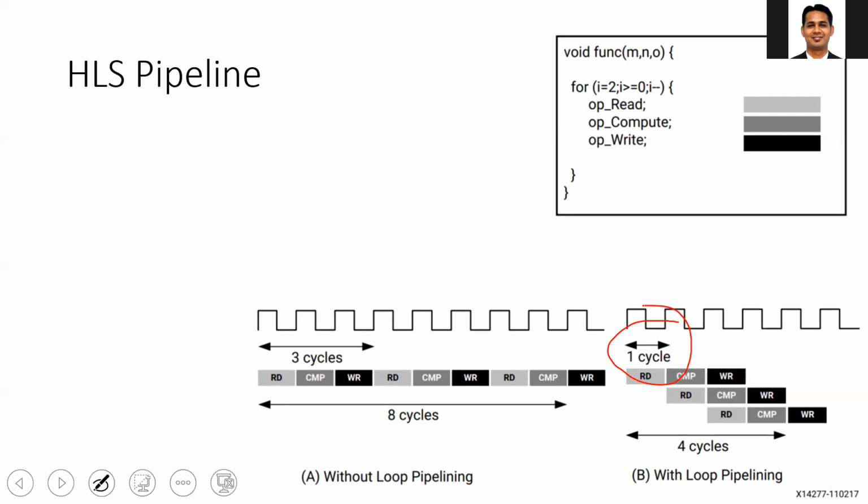By the 5th clock cycle, I'm performing the write operation. So here I'm able to improve the initiation interval as well as the latency of the loop. Did I use additional hardware? No, I'm still using one read hardware, one comparator hardware, and one write hardware. I'm just improving the utilization rate of that hardware.